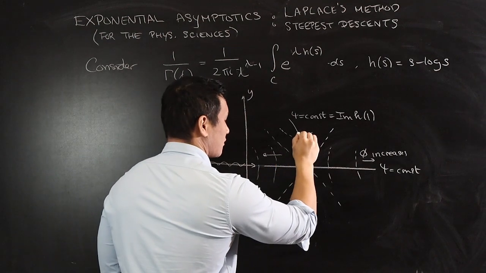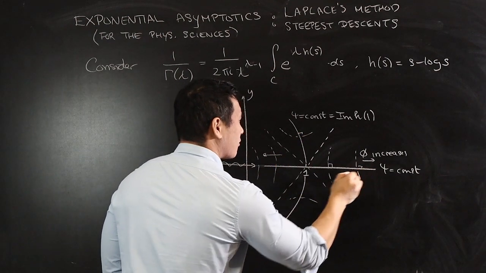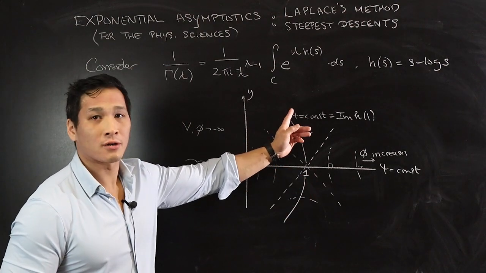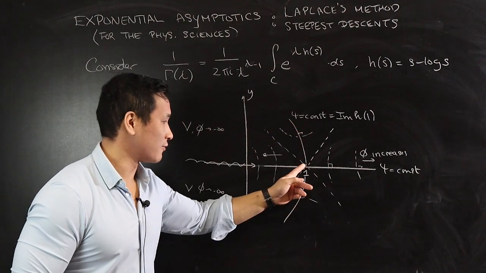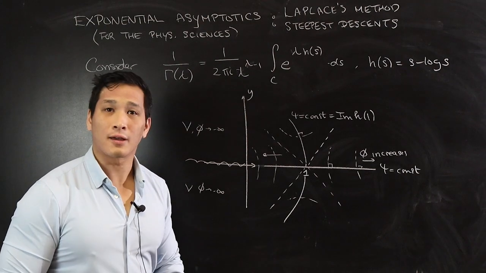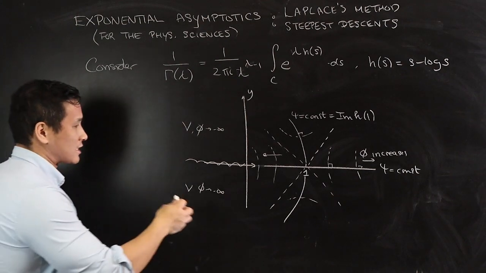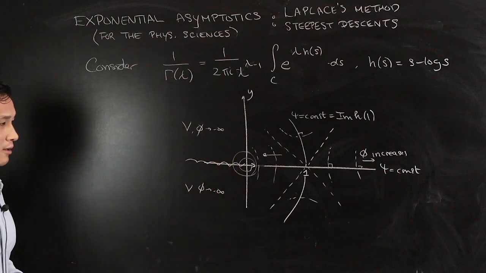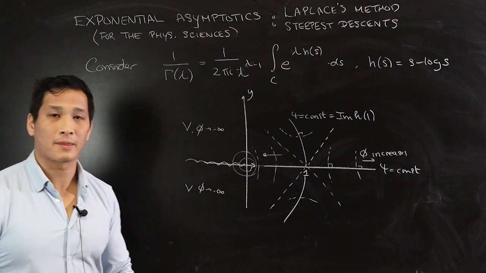Remember, that's the rule, away from critical points. If I move up in that direction, phi decreases. And as I move down in that direction, phi decreases. Okay? And there's a special point here at 0 where some stuff happens, but we don't need to know that.